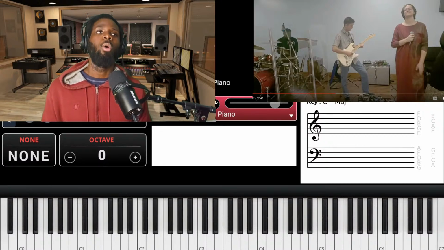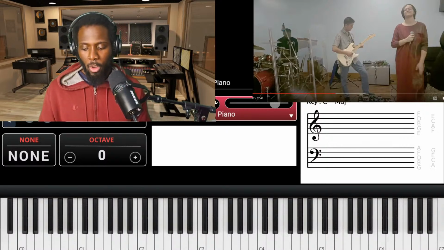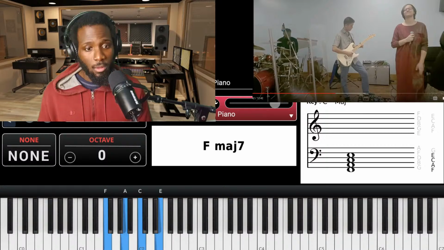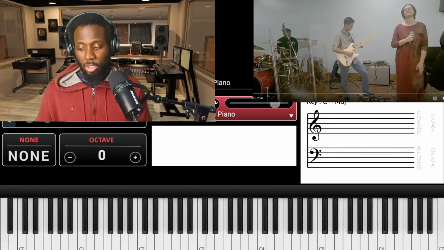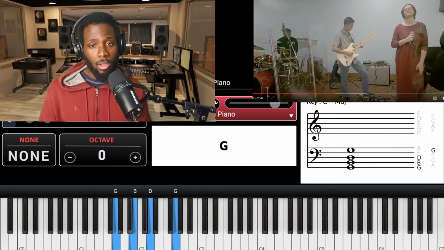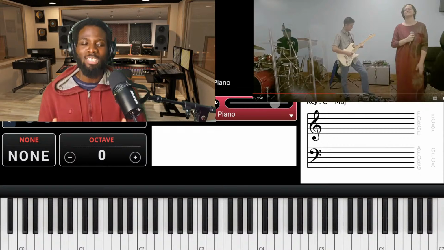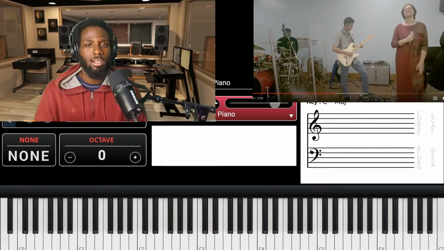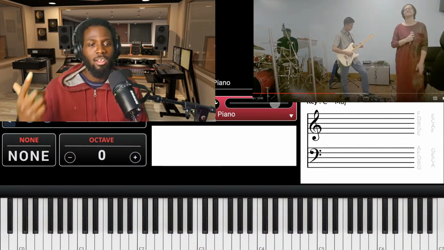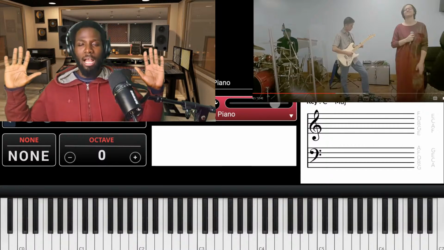So in other words, what we're doing is the 6th degree, then we're going to the 4th degree, then the 2nd degree, then the 5th degree. That's all it is. You get what I'm saying? So that's what makes it so interesting. It's literally 6 to 4 to 2 to 5. It's that simple, guys.